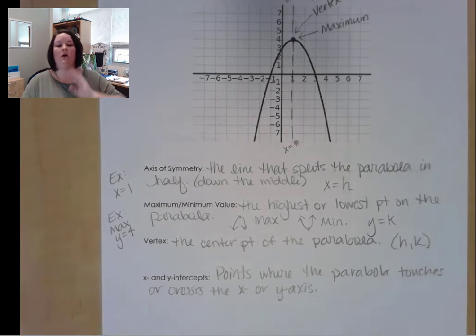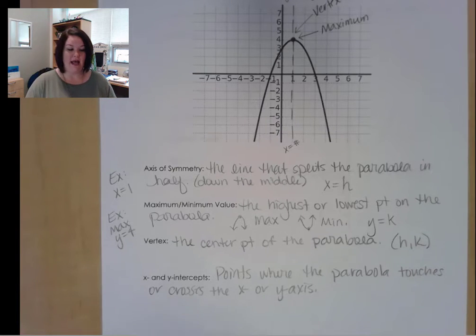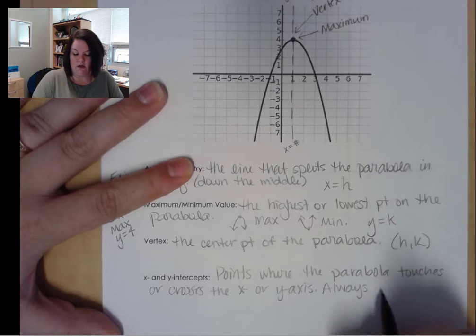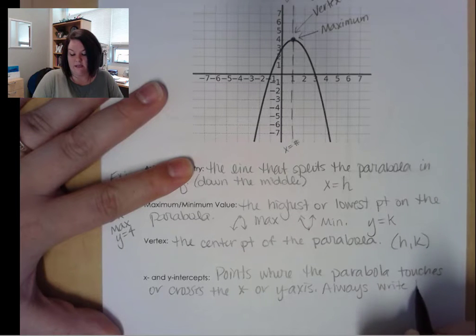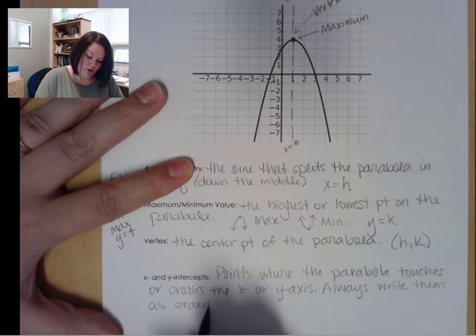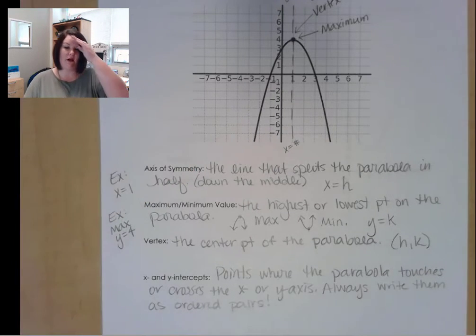Okay, x-intercept, y-intercept are just the points where the parabola touches or crosses the x or y axis. Okay, and we always write them as ordered pairs. Always, because they represent a point on the graph.